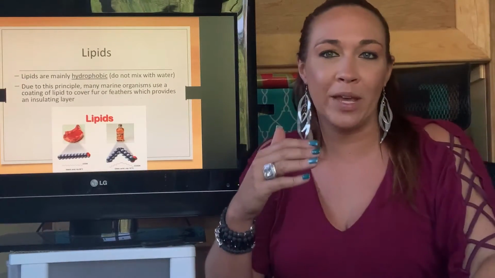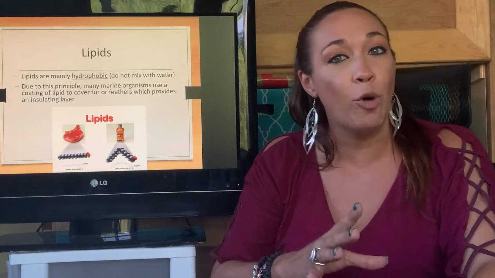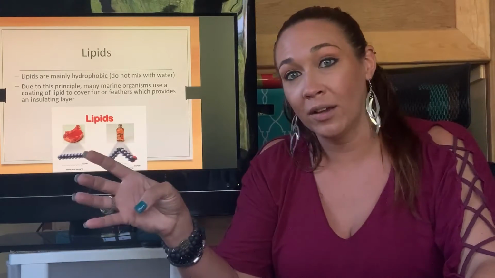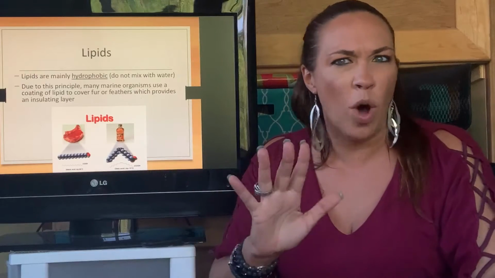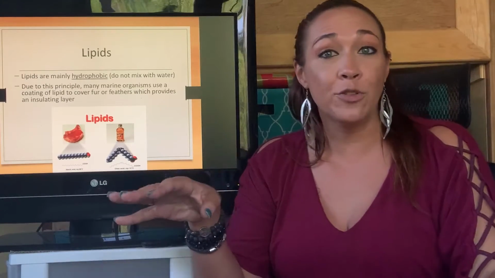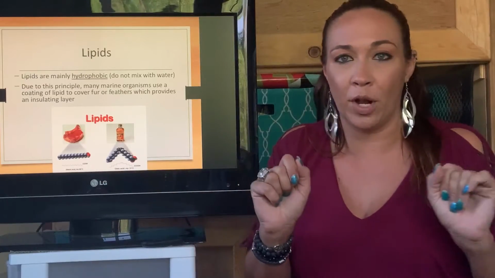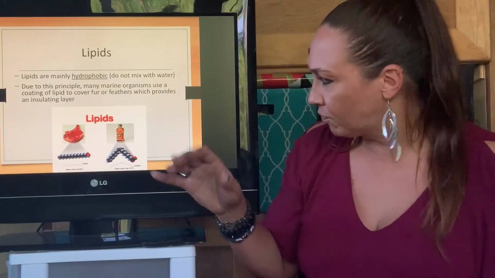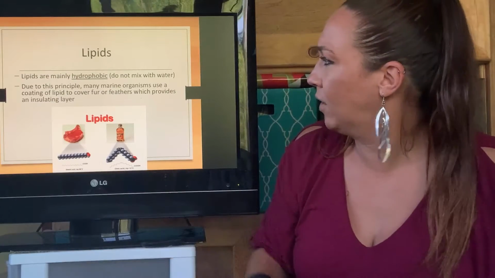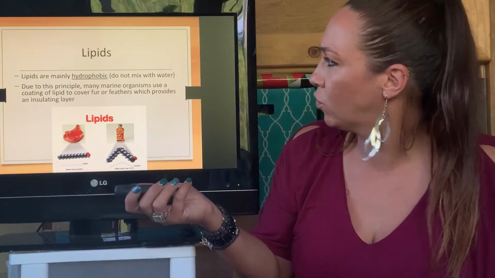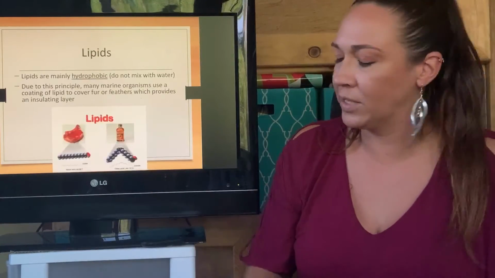And it creates a barrier because part of it is hydrophobic and part of it is hydrophilic. Hydrophobic means water hating or water fearing, and hydrophilic means water loving. So part of it loves water and the other half doesn't. It kind of stands up, and you can kind of see this. I don't know if I can see this one. Can't really see it in here.